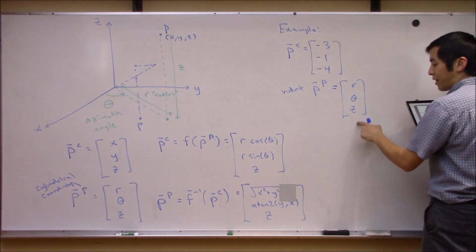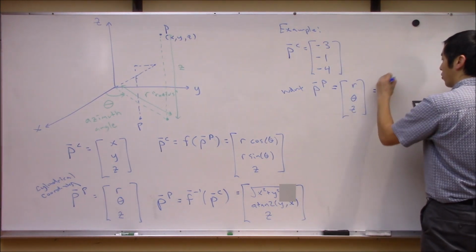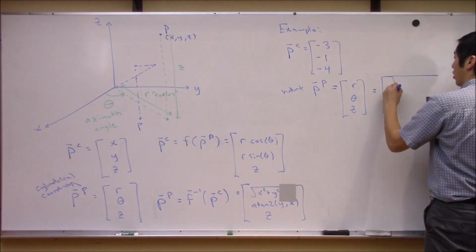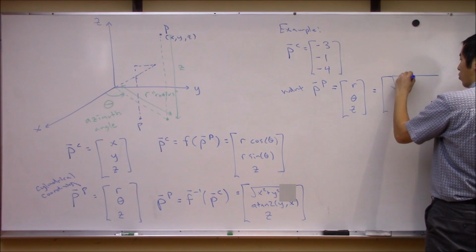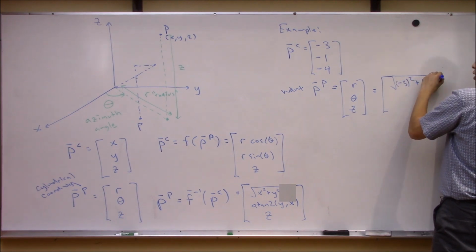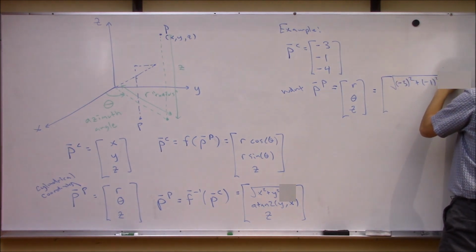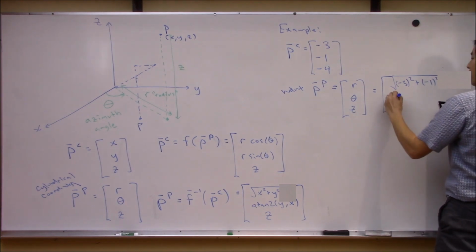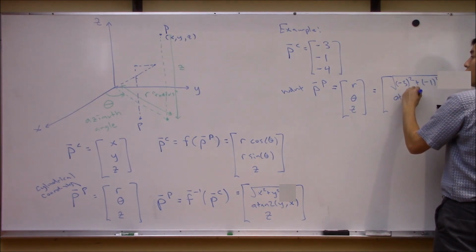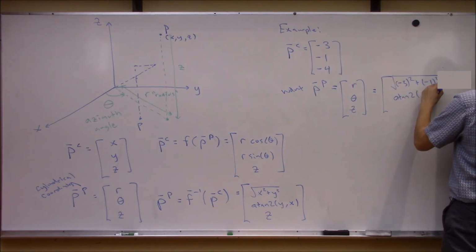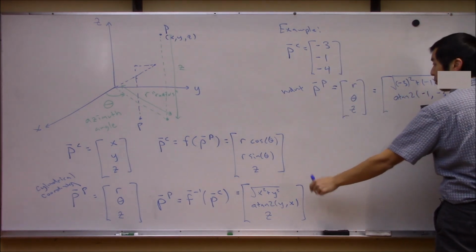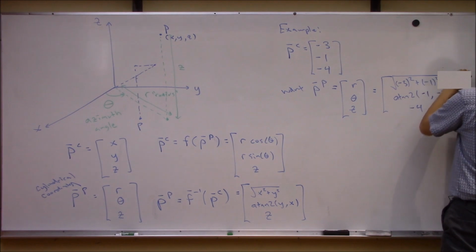To get that, I'm just going to use my inverse mapping. This is going to be the square root of -3 squared plus -1 squared, and then atan2 of y and x, so -1, -3. And the z is just going to be z, so -4.